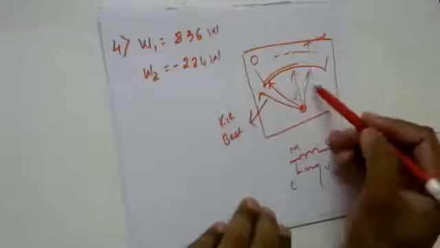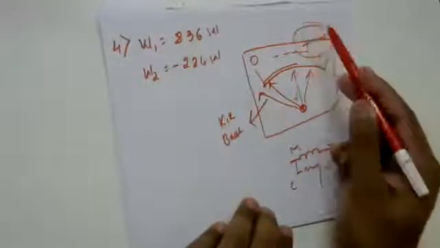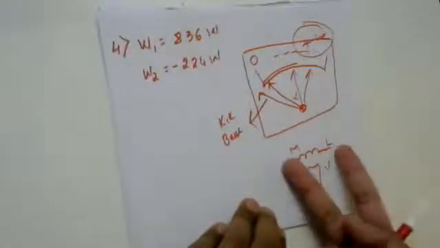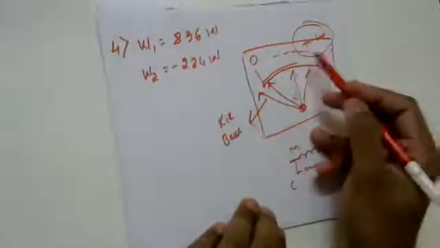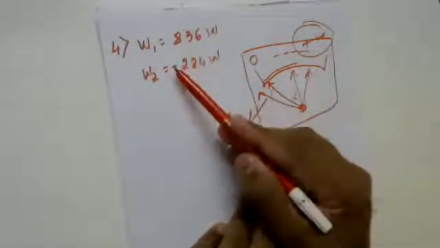But I need to understand that this is not a true positive value, since I have reversed the coil. Whatever reading is displayed by this wattmeter has to be noted with the negative sign.